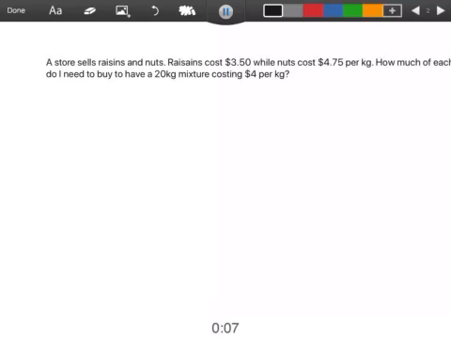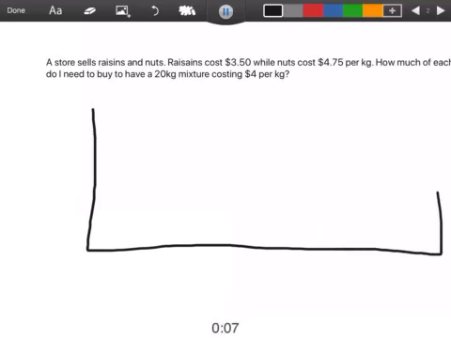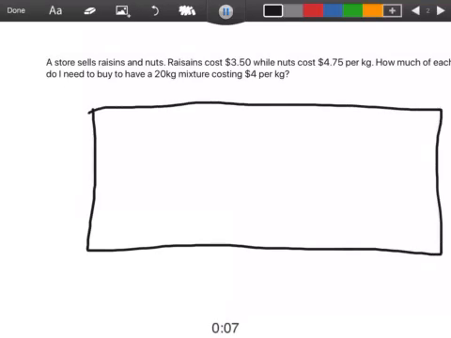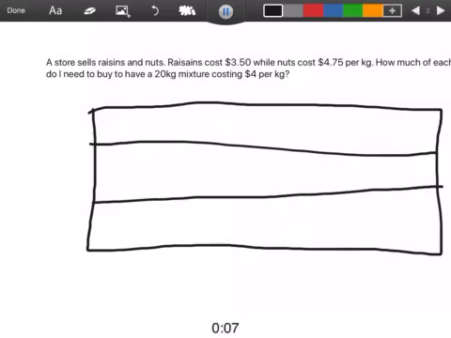So let's create a chart. Actually, no, we have 3 columns. R for raisins, N for nuts, and M for mixture.